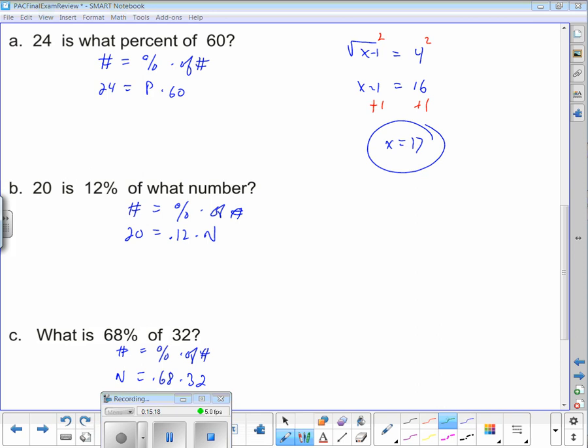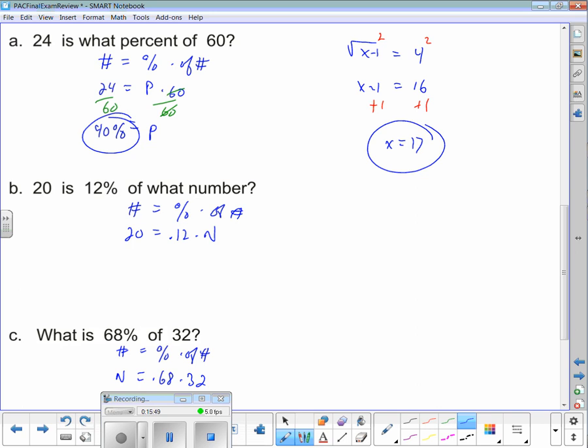All right, A, hopefully you're going to divide both sides by 60. You're going to remember that percents are in decimal form. Therefore, when you divide your 24 by your 60, when your calculator says 0.4, you know that that's percent in decimal form. You know to move your decimal point 2 places to the right and get 40%.